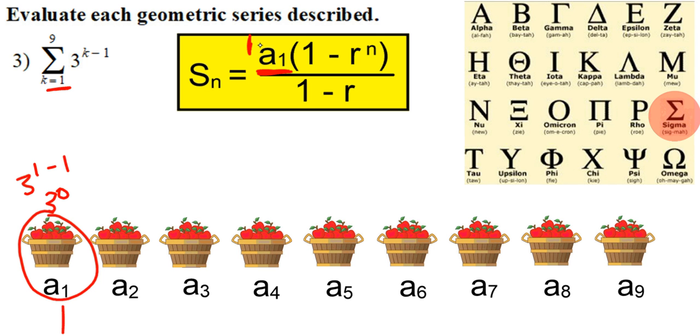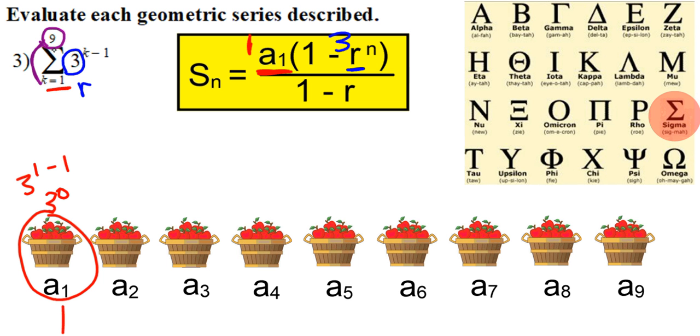And then R is kind of tricky, I suppose. The R value is just going to be whatever this base is on the exponent. So in this problem, R is 3. And then N is not as simple as saying it's this number right here, but it has a very big part.